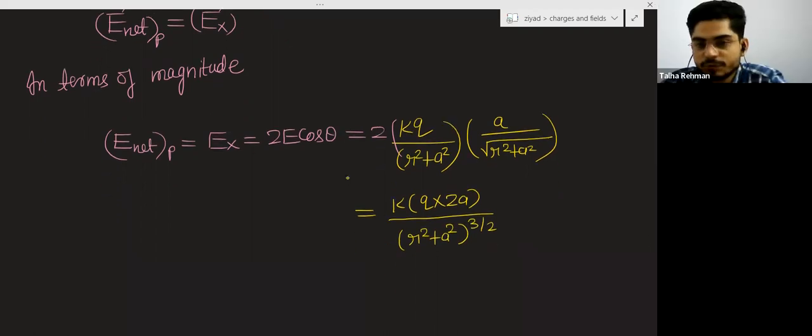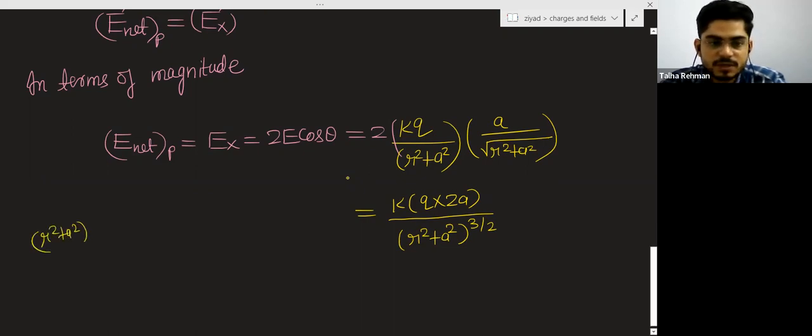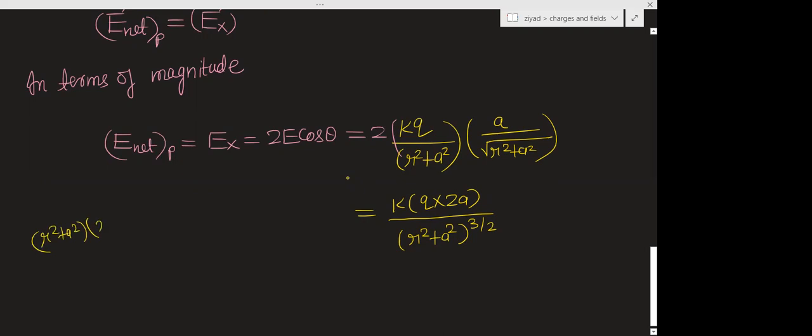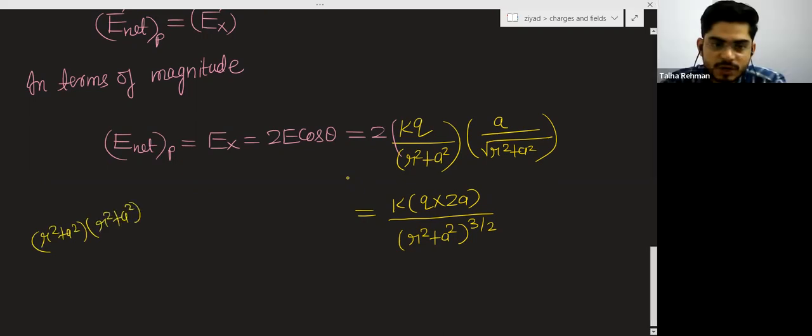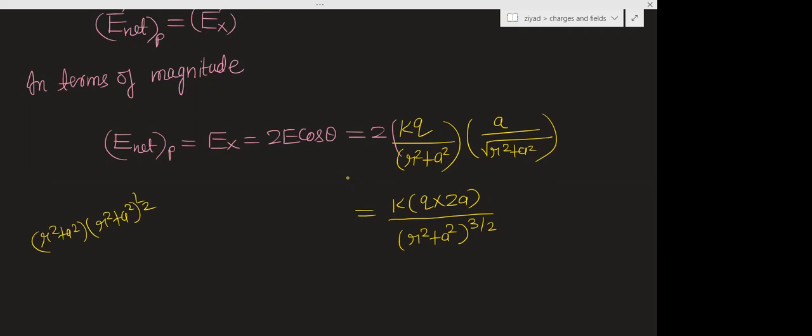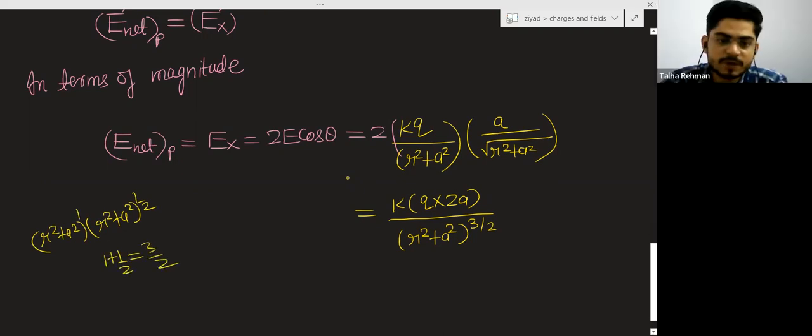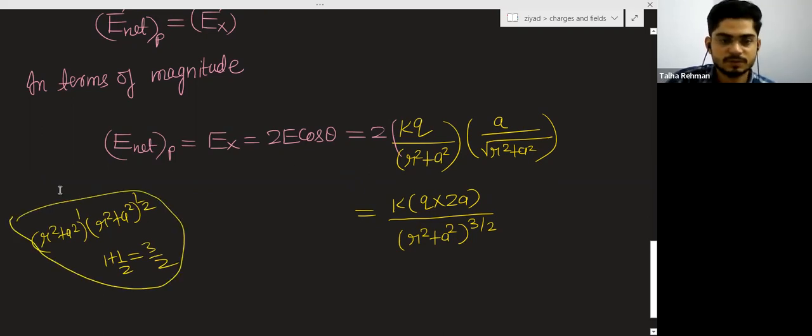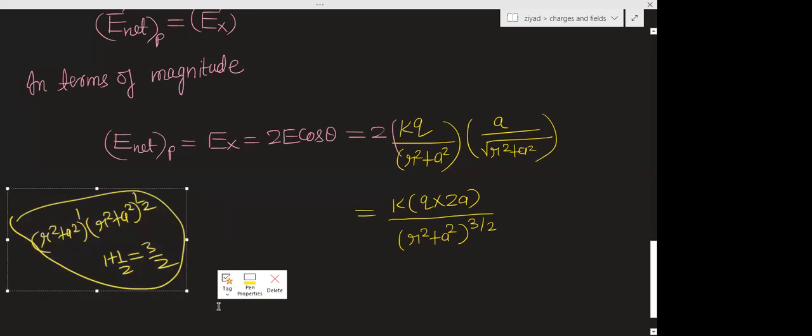This is becoming 3/2 because this is r square plus a square, which can be written as r square plus a square to the power half. So we add power 1, and the power will become 3/2. In this way, I have written that.